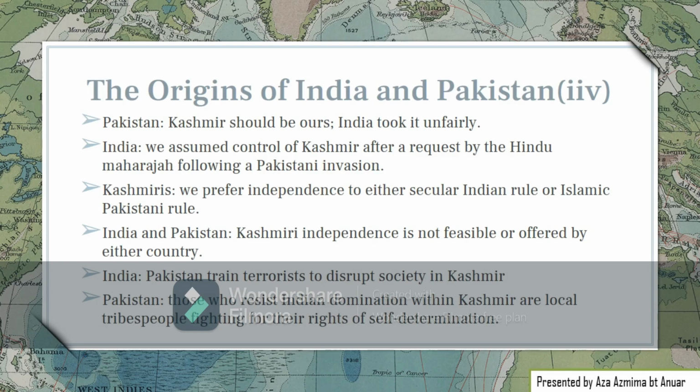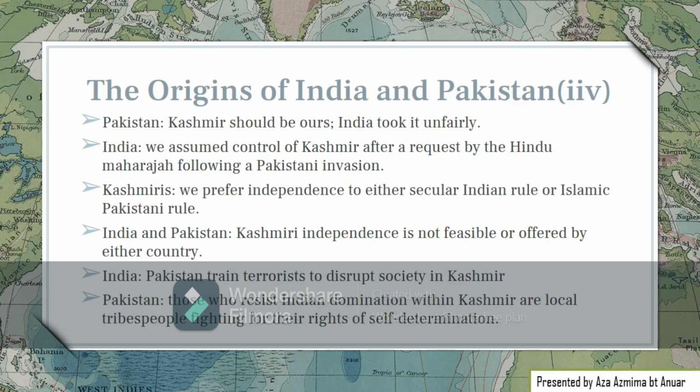Kashmiris want independence from either secular Indian rule or Islamic Pakistani rule. According to India and Pakistan, Kashmir independence is not feasible or offered by either country. India says Pakistan trained terrorists to disrupt society in Kashmir.